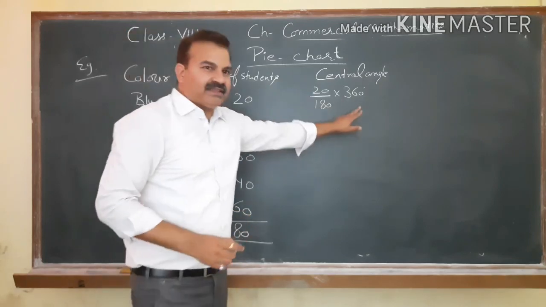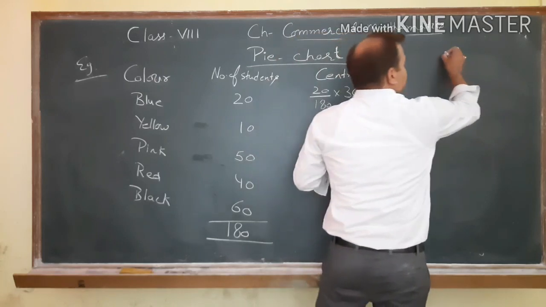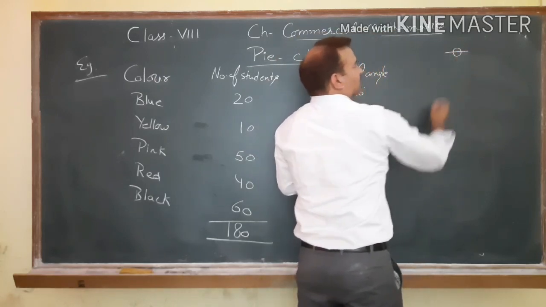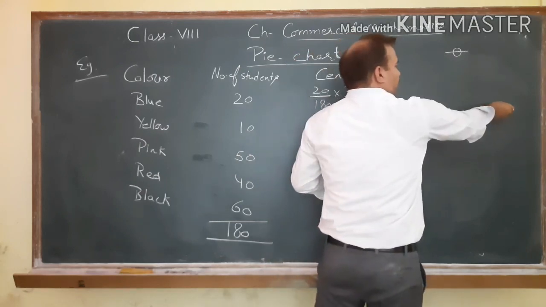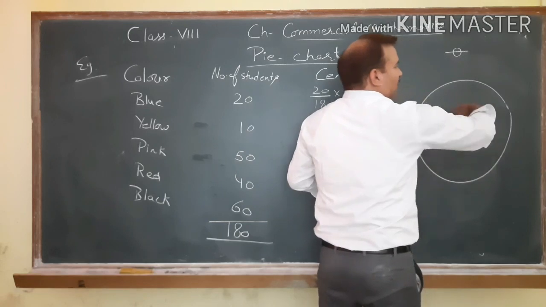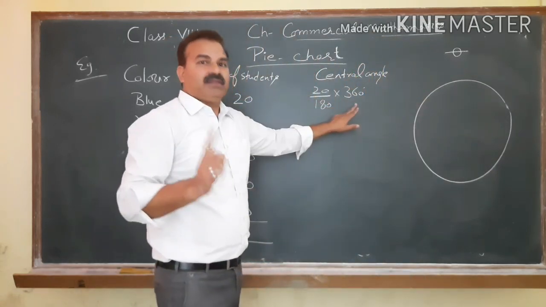Now why 360? Because for the angle at the center of a circle, suppose this line is 180 degrees upside, 180 is downside. So for one complete circle, the central angle total is 360. So that's why we multiplied with 360.